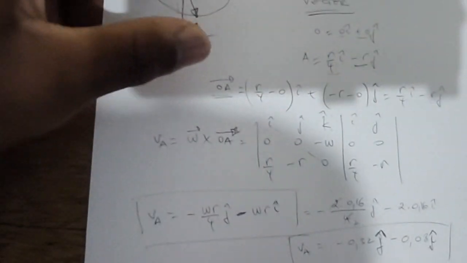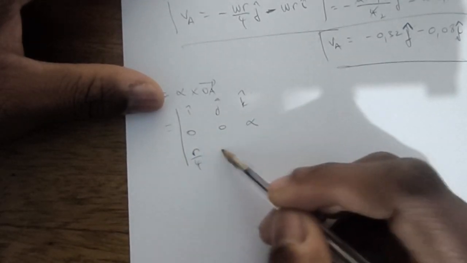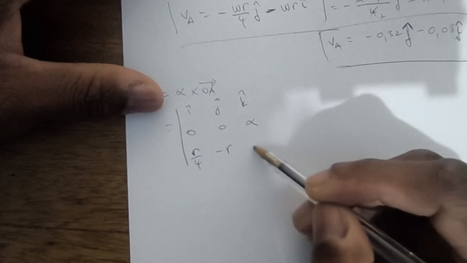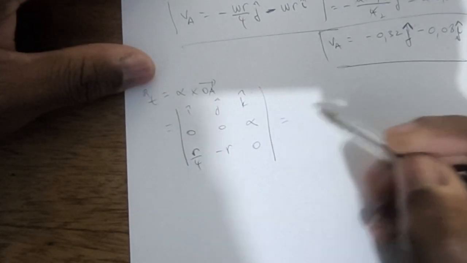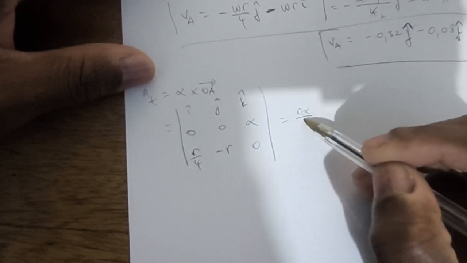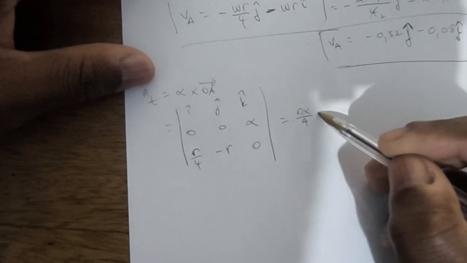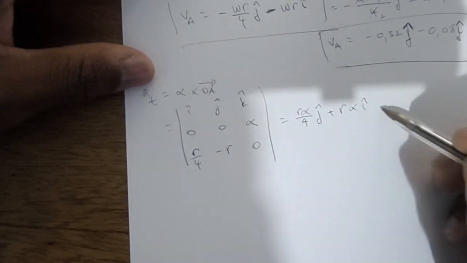I'm just going to reproduce it here. So we have R quarter minus R 0. If I do the same procedure that I did earlier, I'll get R alpha quarter J plus R alpha E.